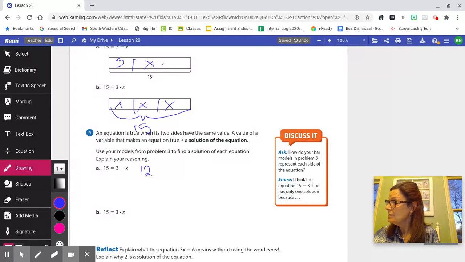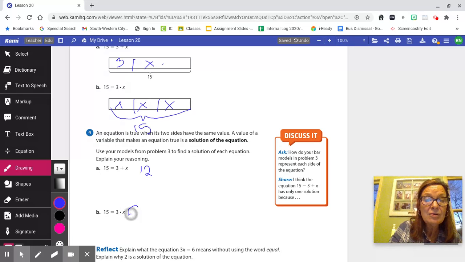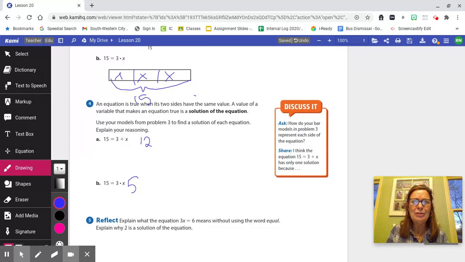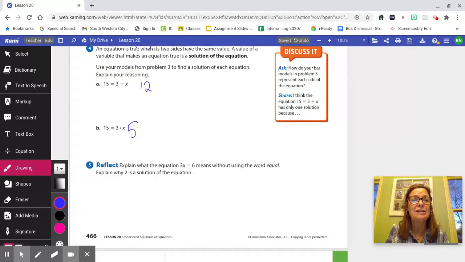And so when x is 12, both sides of the equation are equal. For part B, the answer should have been 5, because when I have 3 groups of 5, my answer is 15. So my model shows that I have 3 groups of 5, which is equal to the same value as 15. Okay, pretty simple here. So let's go to reflect.